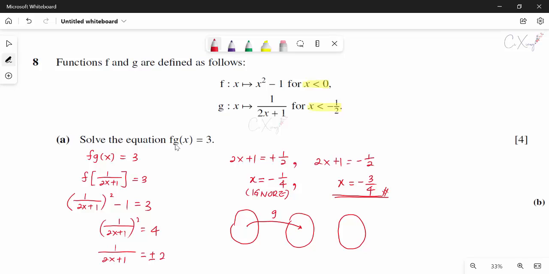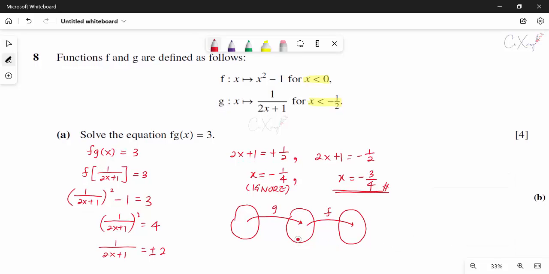So g comes first, right, for g of x, then followed by f. Okay, all right. So now from here, what we can see is for this first set of the circle here, it will be the domain of g. So this will be the range of g. At the same time, this is actually the domain of f also, and then this is the range of f.